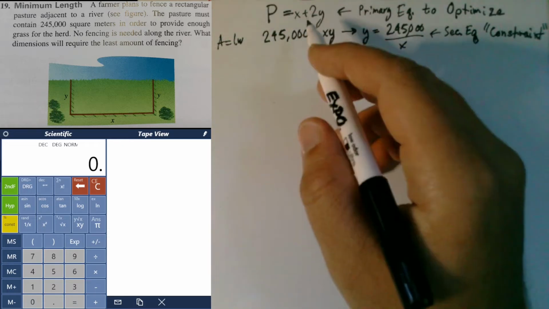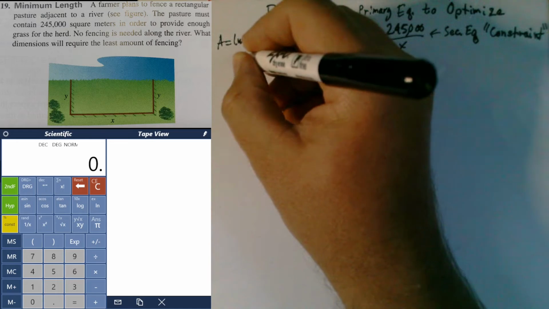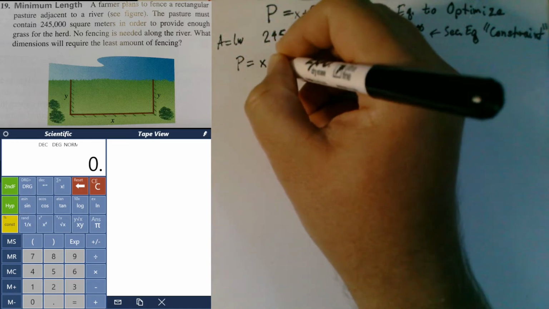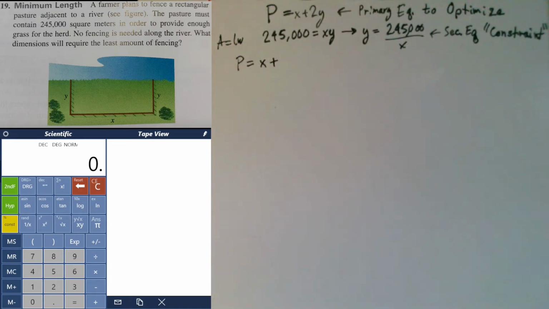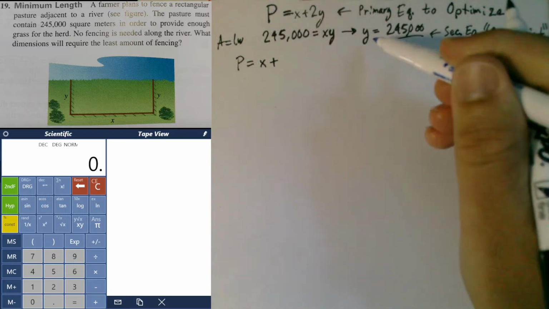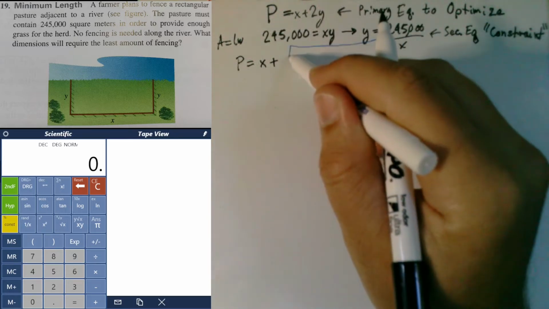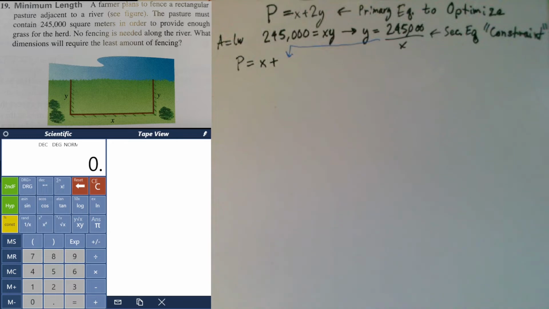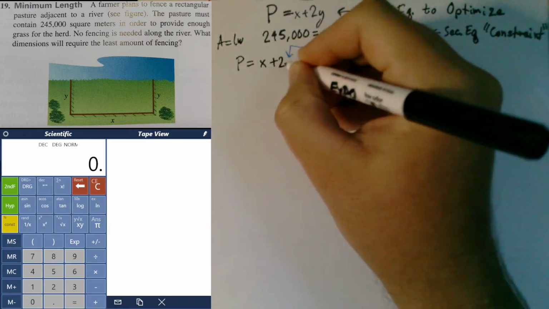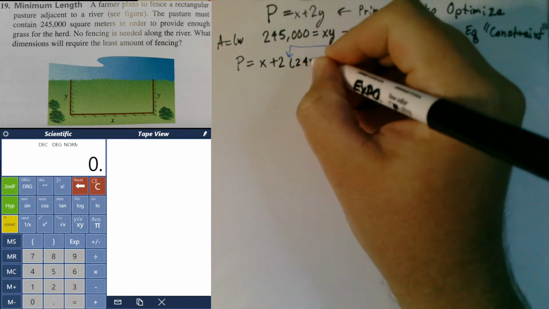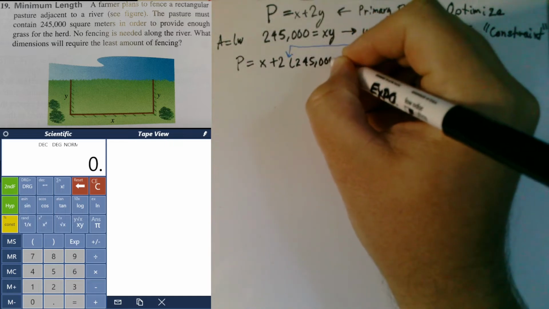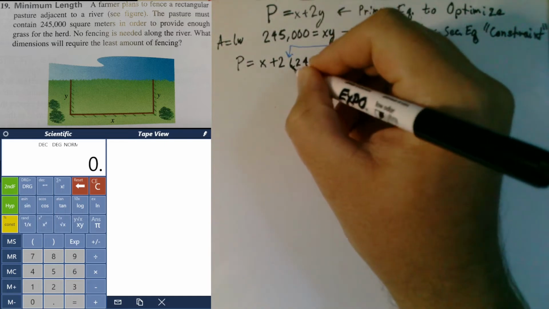We can now take our primary equation, which is our perimeter, equal to x plus 2y, and we can substitute in what we calculated for y, 245,000 over x, and replace the y in the primary equation with 245,000 divided by x.